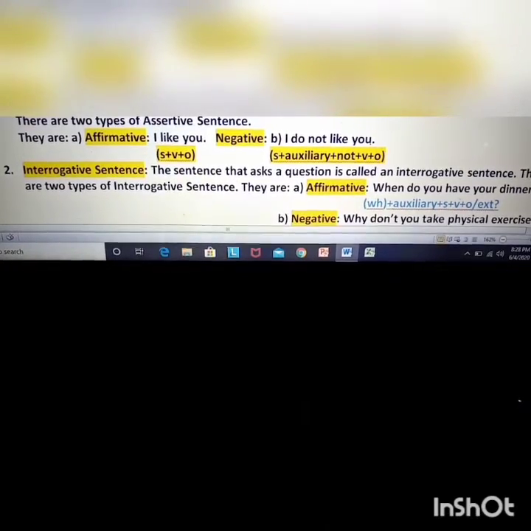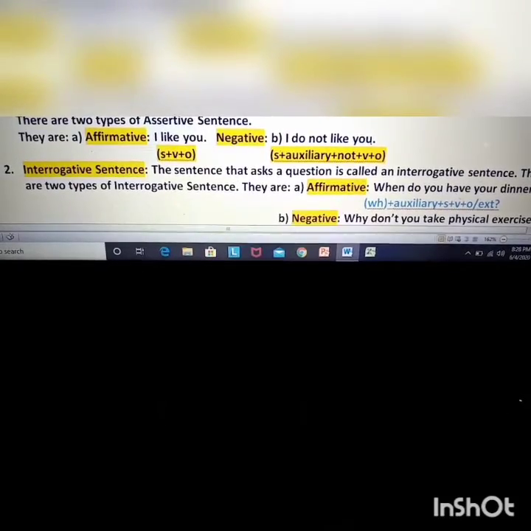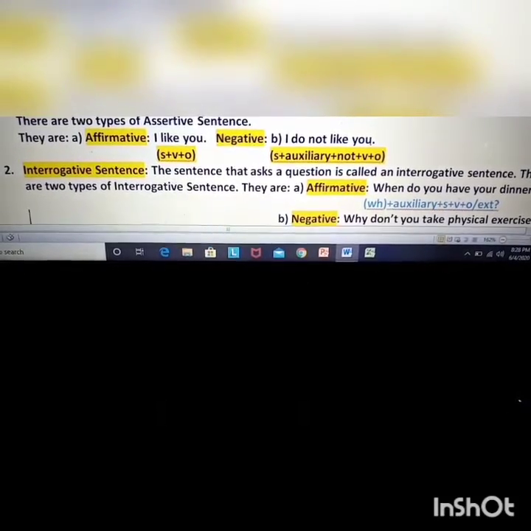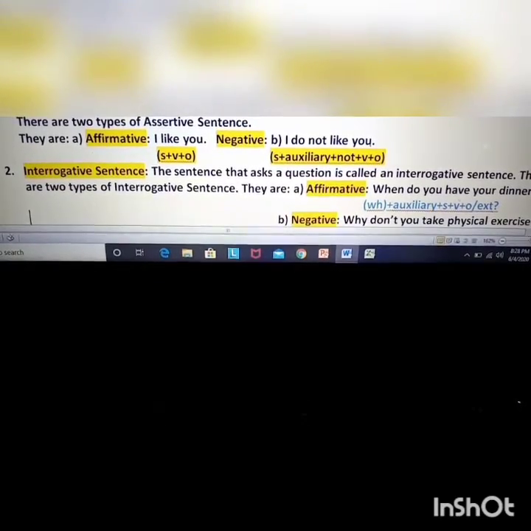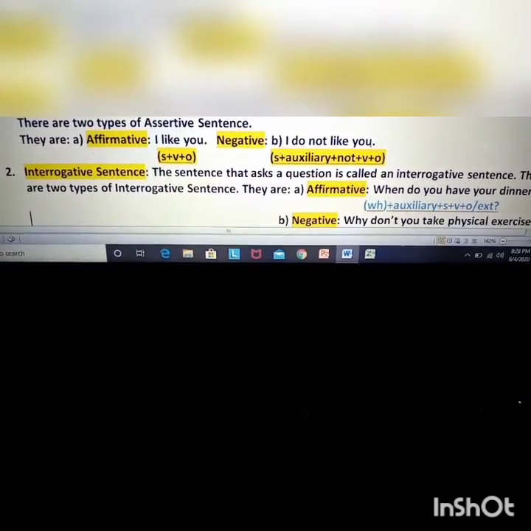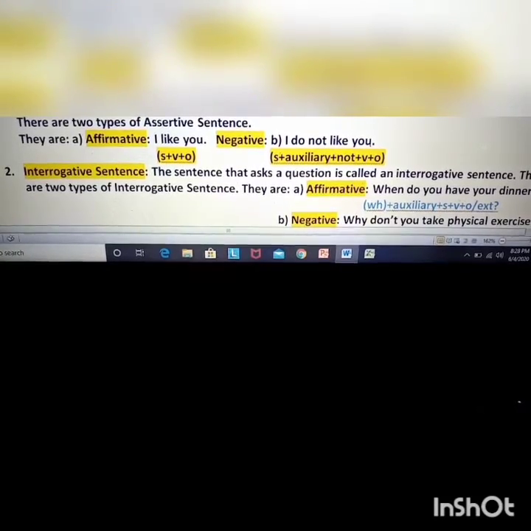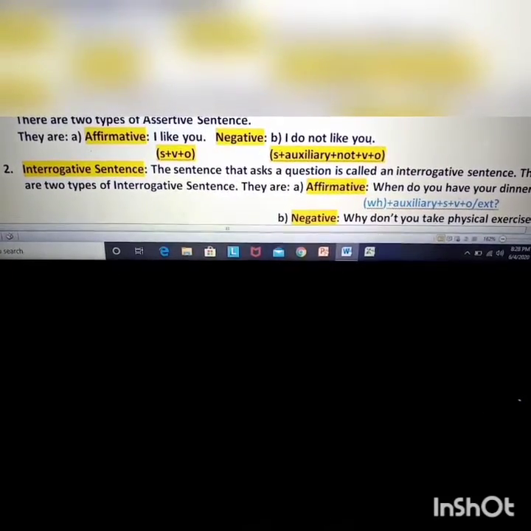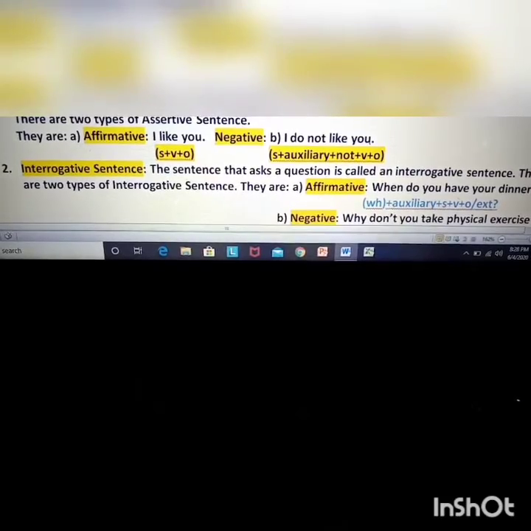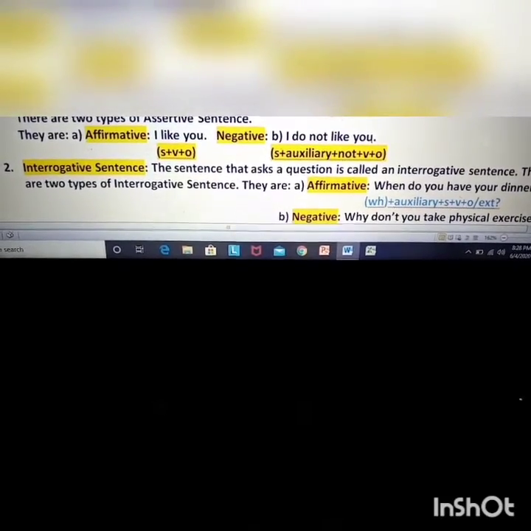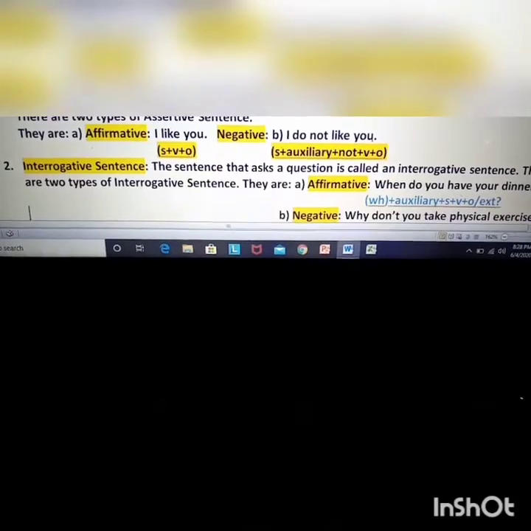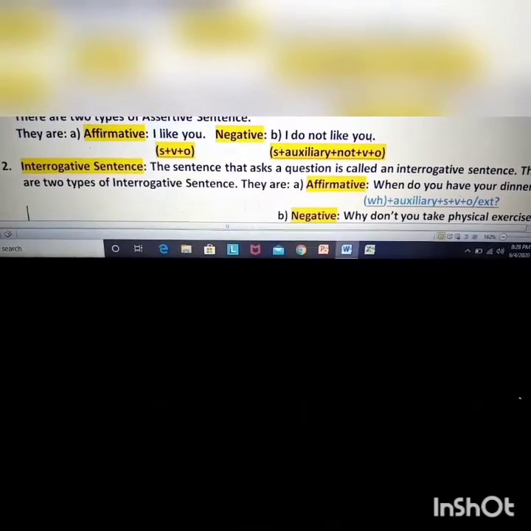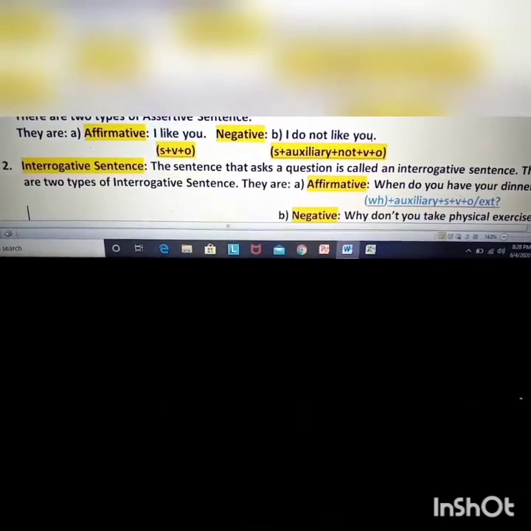In the example, we can see "I like you," and below the sentence I have shown you the structure of the sentence. "I like you." I here is the subject, like is the verb, and you is the object. And the next example, of a negative sentence, is "I do not like you." Below the sentence I have shown you the structure of the negative sentence.